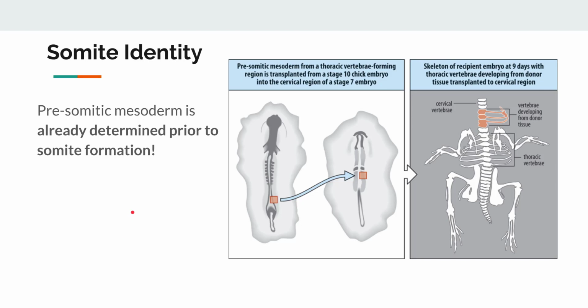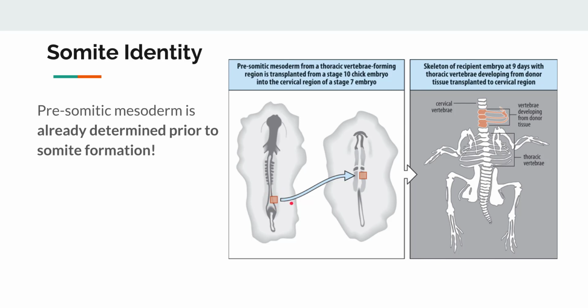And so another thing to keep in mind would be that pre-somatic mesoderm is already determined prior to the formation and segmentation of somites. And we can see in this textbook example here, we have a pre-somatic mesoderm, and that's from a thoracic vertebrae, okay?